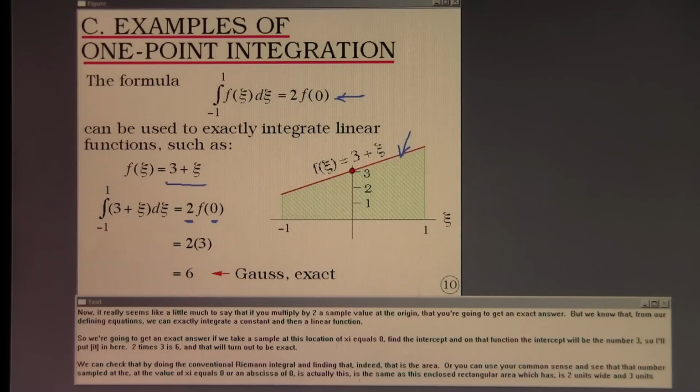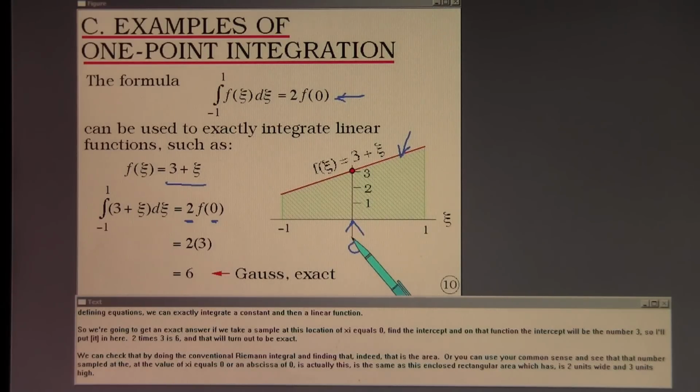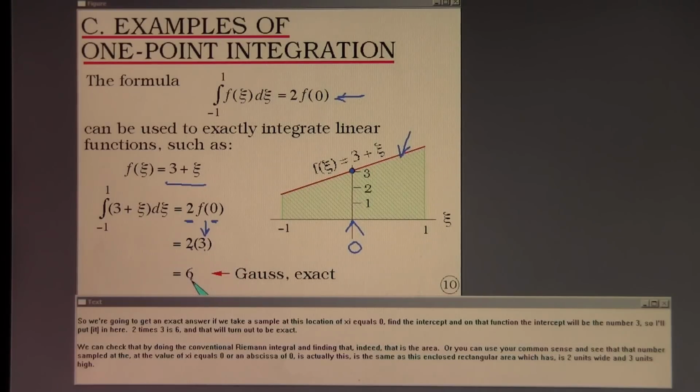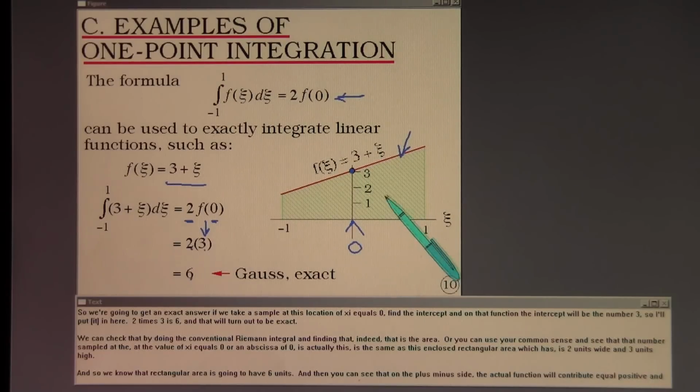So we're going to get an exact answer if we take a sample at this location of c equals 0, find the intercept, and on that function the intercept will be the number 3. So I'll put in here 2 times 3 is 6, and that will turn out to be exact. We can check that by doing the conventional Riemann integral and finding that indeed that is the area.